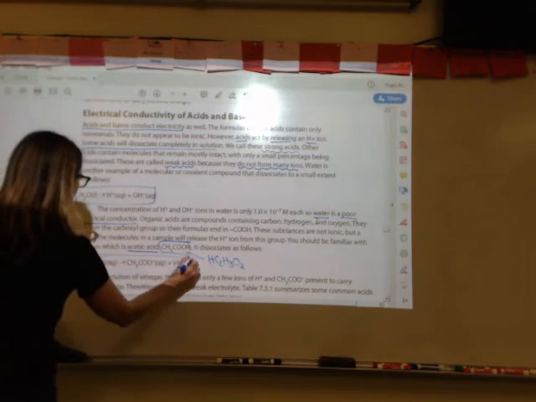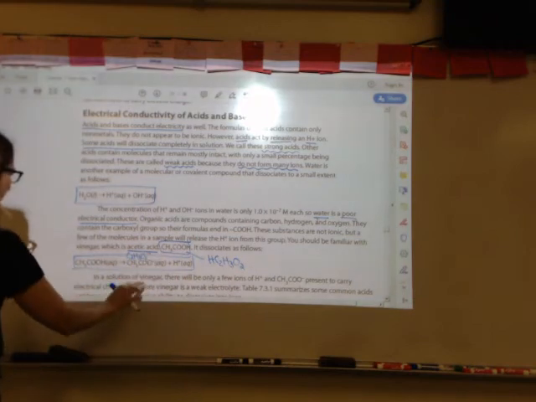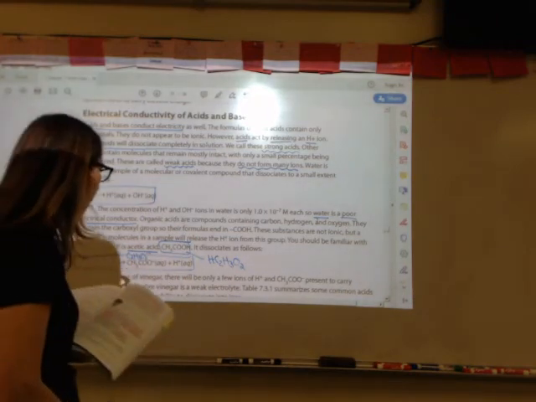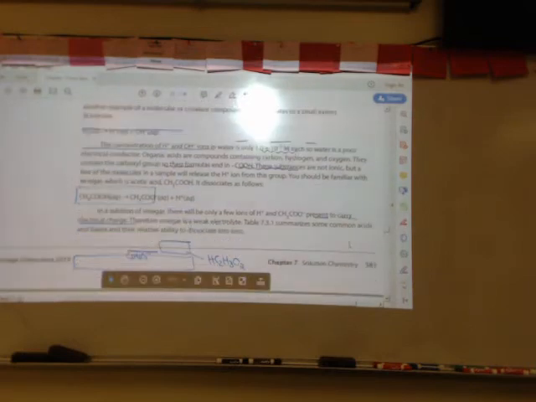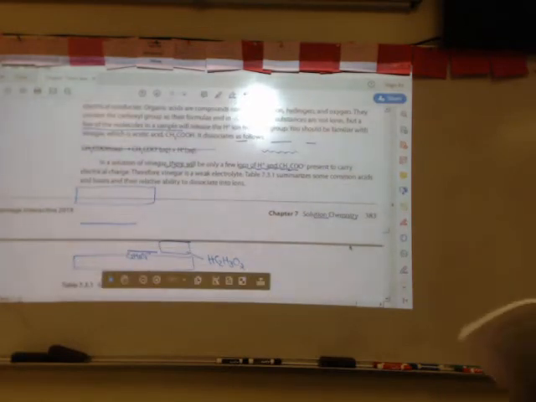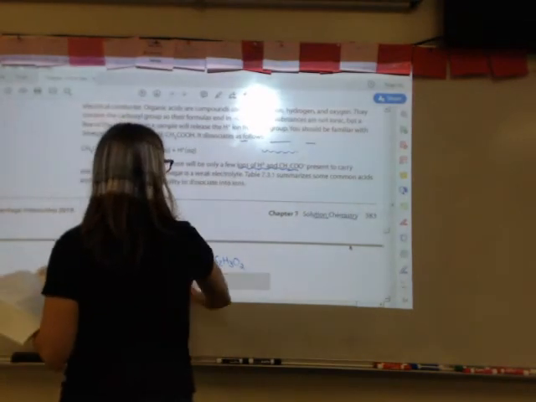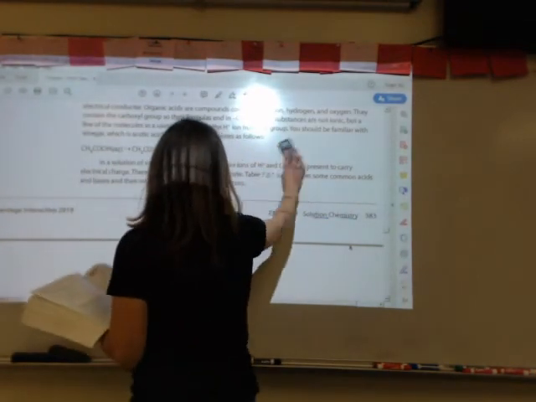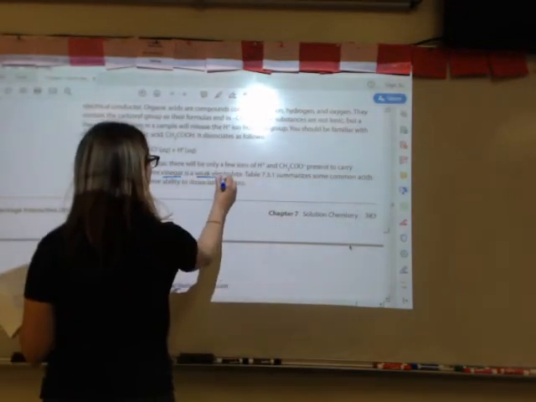They're showing you that it dissociates into a hydrogen ion and the acetate ion, C2H3O2⁻¹, written in a different way. So acetic acid is a weak acid, which means it is a poor conductor of electricity because it only produces very, very few ions in solution. Acetic acid is found in vinegar, so that's why vinegar is considered a weak electrolyte.